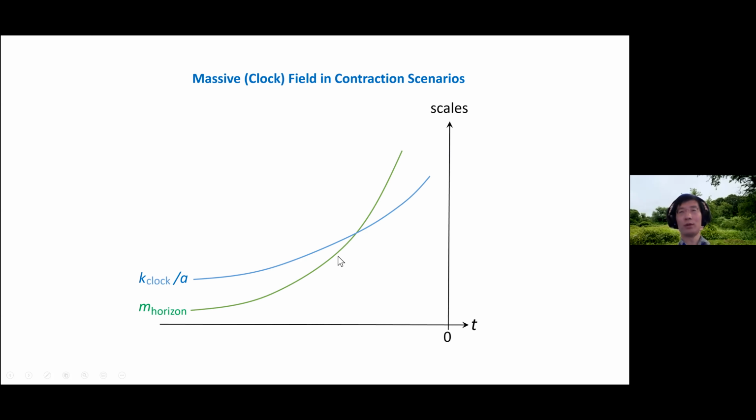The wavelength is decreasing as a function of time. Eventually they cross because the contraction of the horizon is faster than the contraction of the scale factor. So the quantum fluctuations exit the horizon. So this is also why superhorizon perturbations can be natural in non-inflation scenarios.